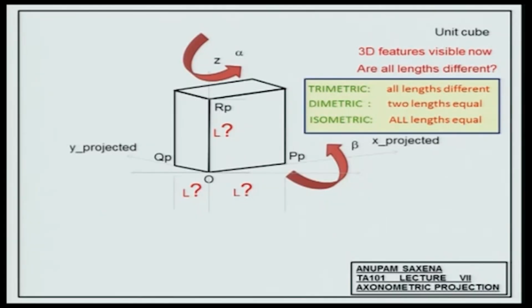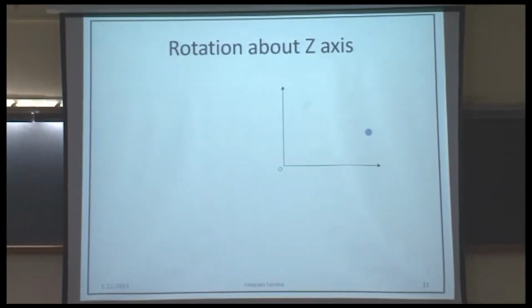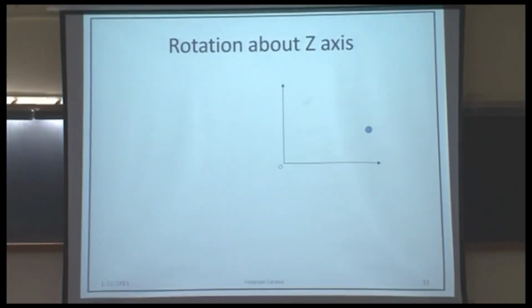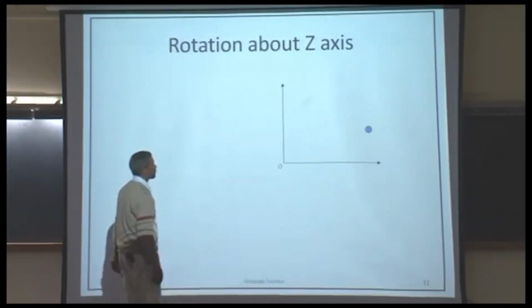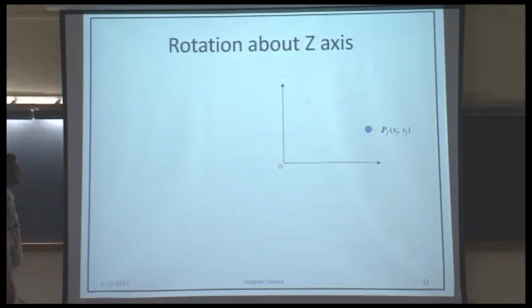So this is something that you would need to keep in mind, but in particular we are going to be looking at isometric projections as a part of this course. So you have a plane xy, you have a particle or a point which is at fixed length with respect to the origin. So this length is fixed, so you can consider this to be an edge, and you're going to be rotating this edge about the axis that comes to you, by some angle.